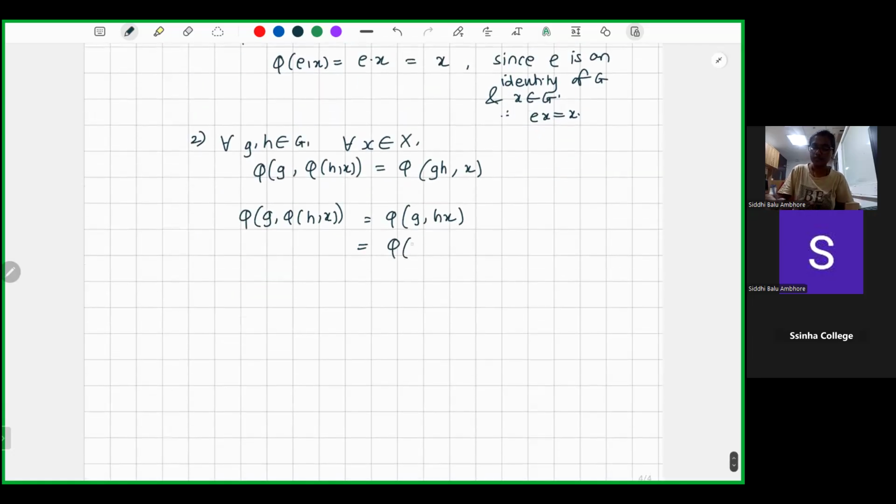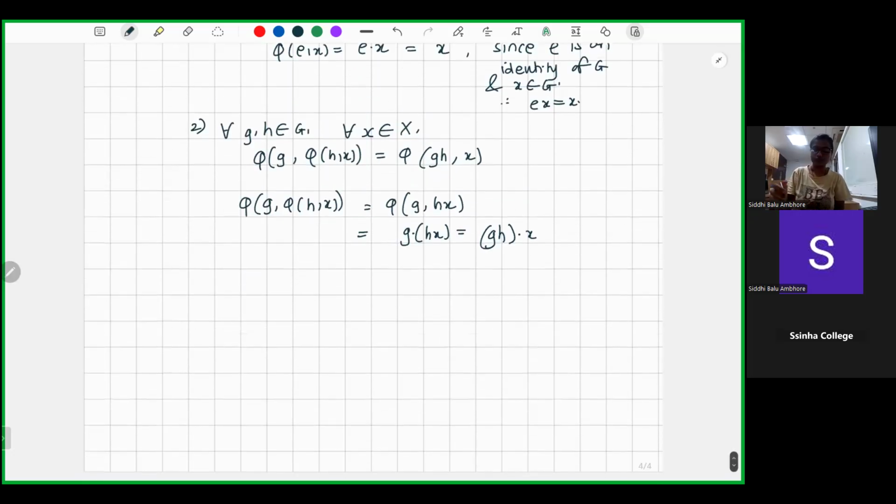And this is G into HX, that is GHX, right? I mean, we have this associativity of group operation.